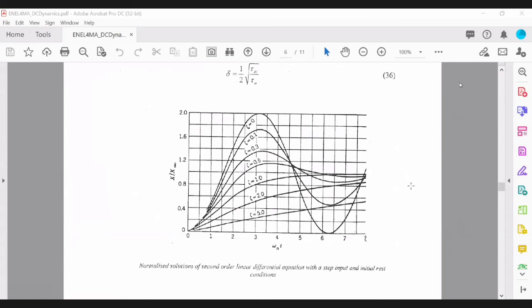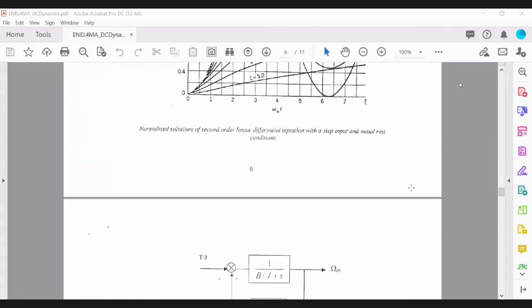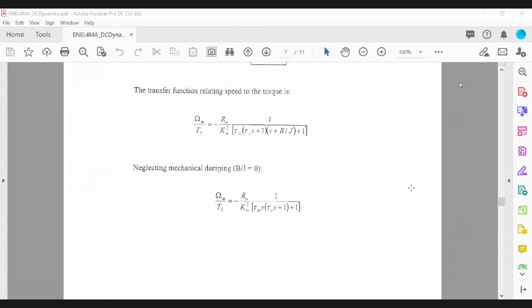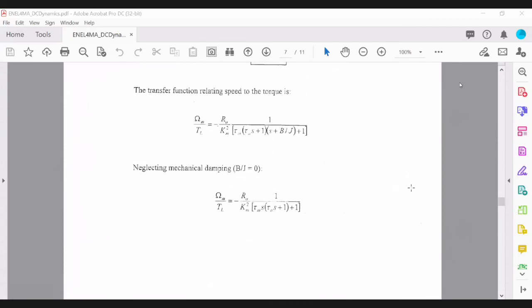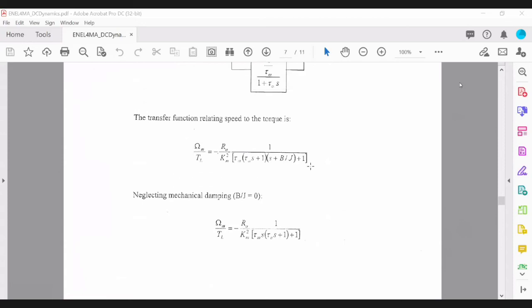The next two equations are additional equations showing that you can write the speed of the machine in transfer function form in terms of the load torque on the machine.